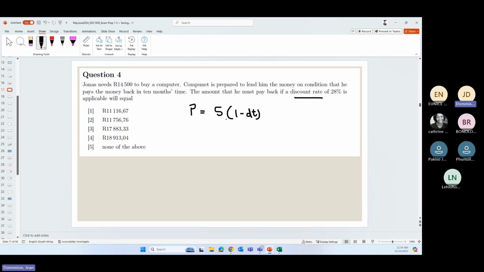S is equal to, or sorry, S times 1 minus dt. So the present value is equal to the future value times 1 minus the discount rate times t. Let's see what they give us. Jonas needs to buy a computer at 14,500. So we've got the present value.